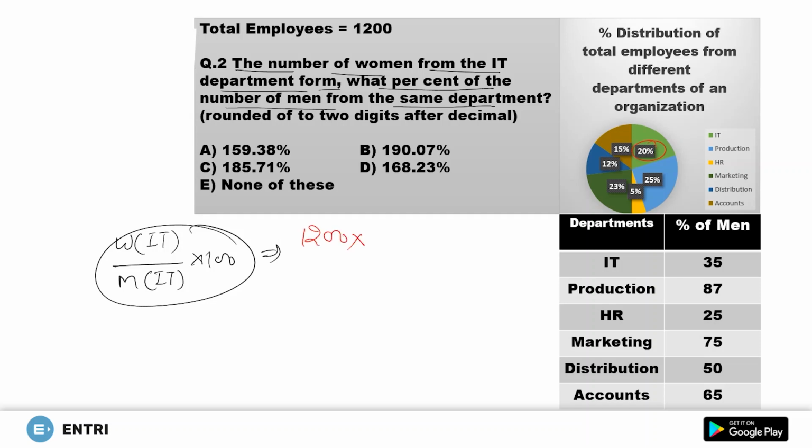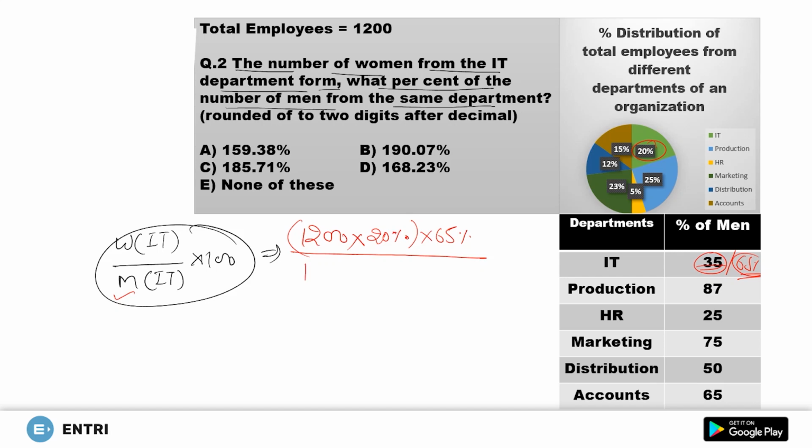In 1200, in the IT department there are 20%, and of these 1200, 20%, we have females as 65, because males are 35%, so females will be 65. So ultimately you will write here 65 divided by.